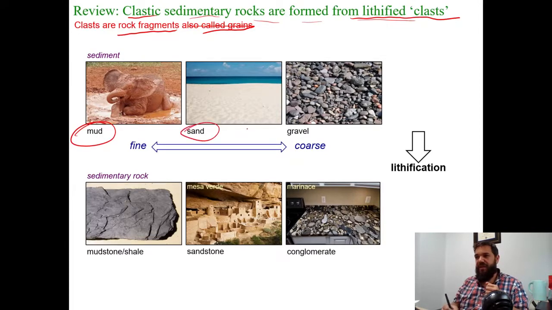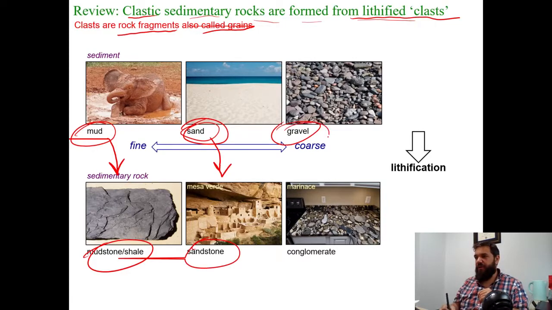You can have medium like sand, or gravel or pebbles can be coarse. When mud lithifies, it undergoes diagenesis and you get mudstone or shale. When sand lithifies, it forms sandstone, and when gravel and pebbles lithify, it can give you things like conglomerates or breccias.